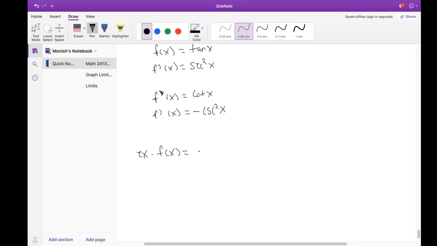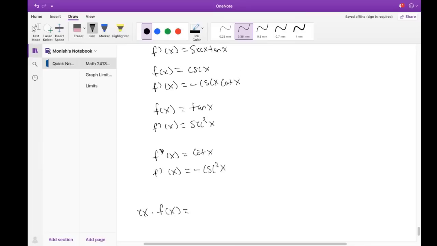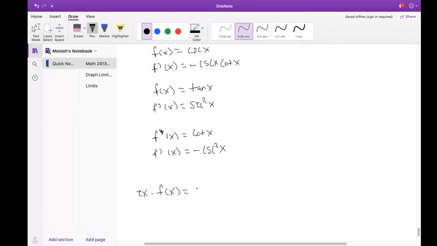Okay, so let's see. Let's do cotangent of x times 3 secant of x squared.